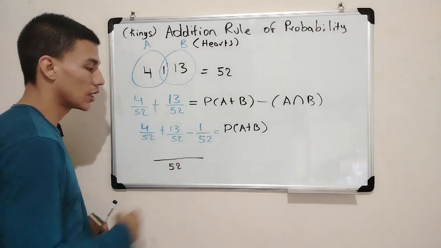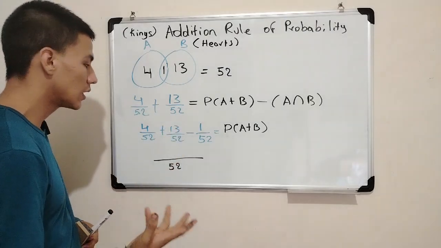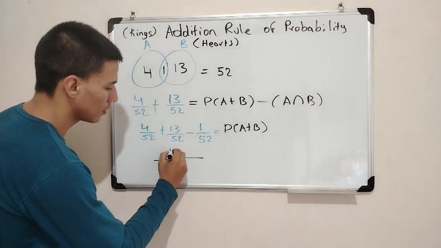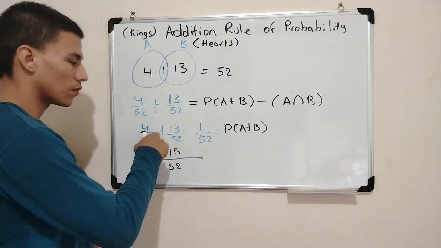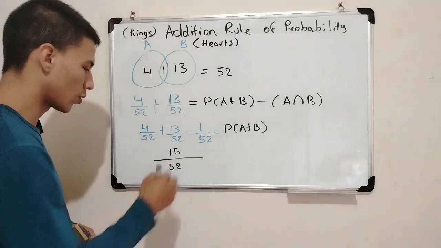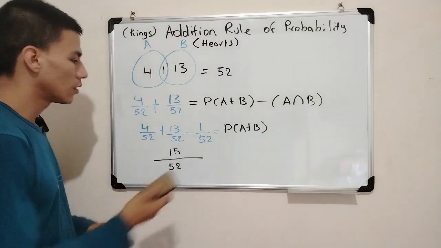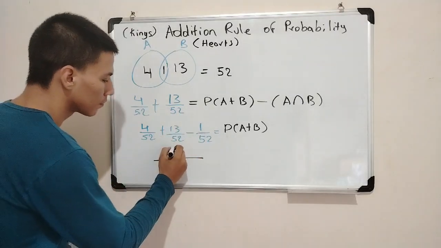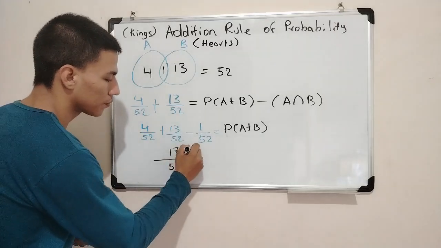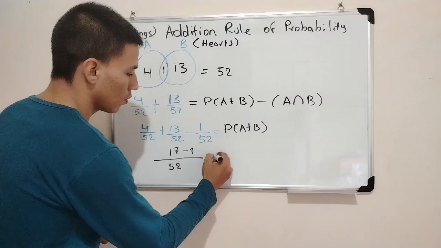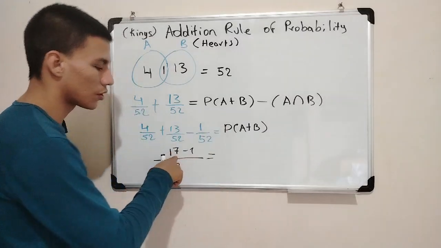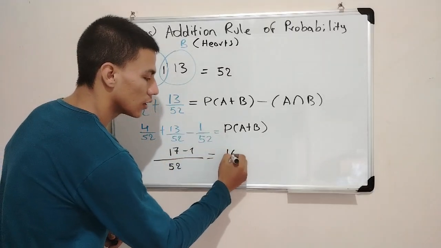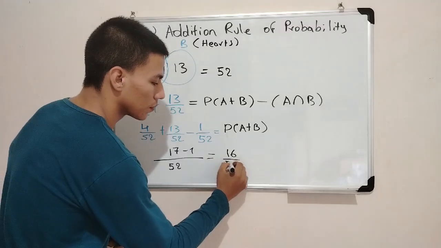4 plus 13 equals 17. Sorry, I made a mistake before. 17 minus 1 equals 16 over 52.